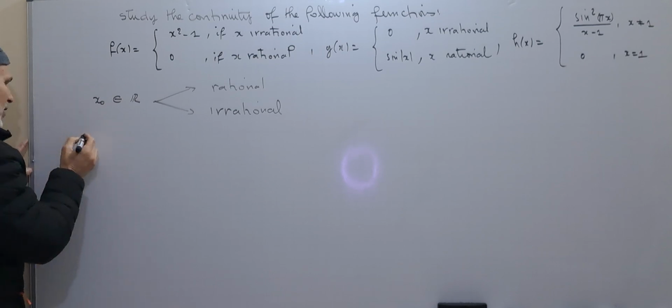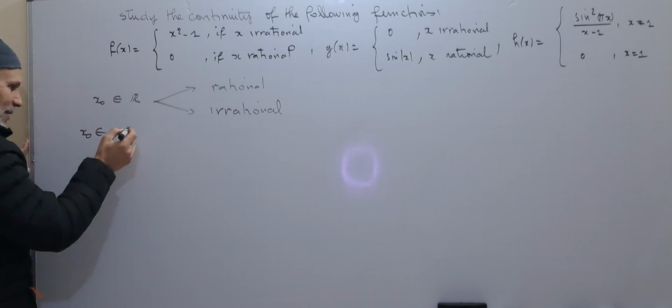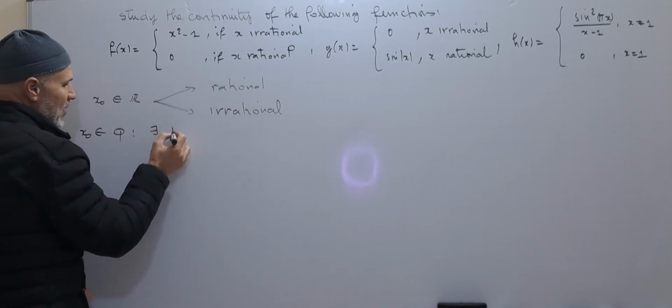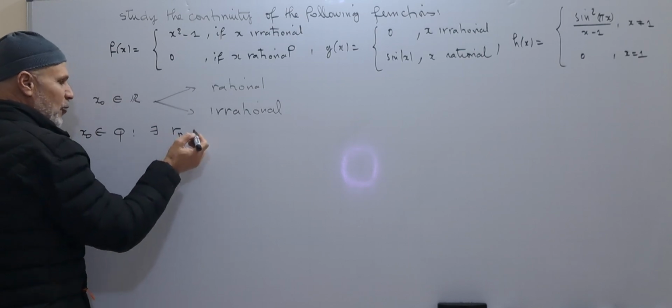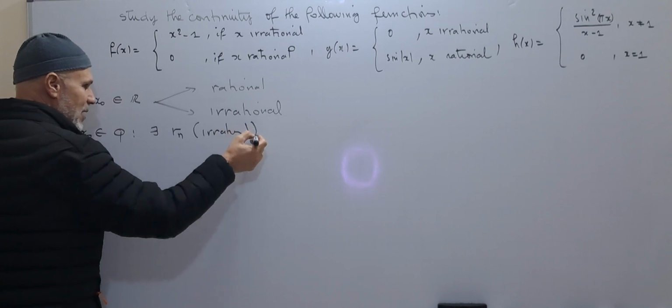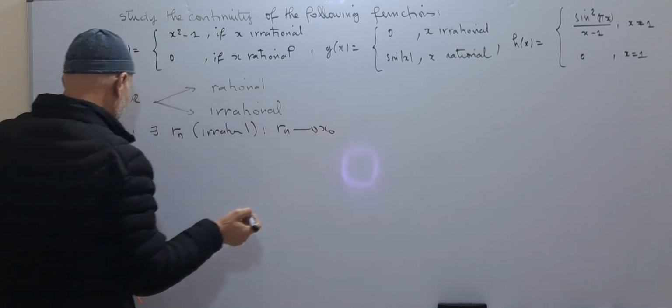Let us suppose that x0 belongs to Q, which means a rational number. Then there exists a sequence Rn, which is irrational, such that Rn converges to x0.